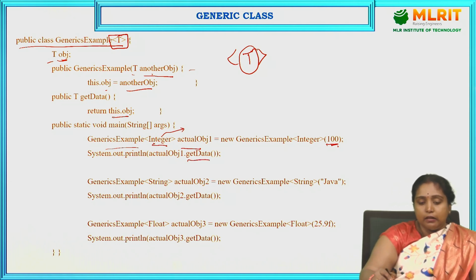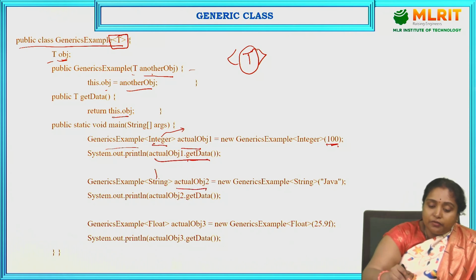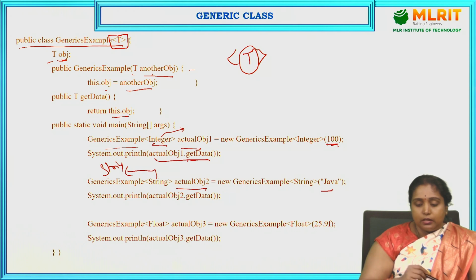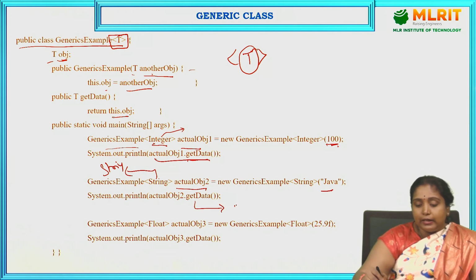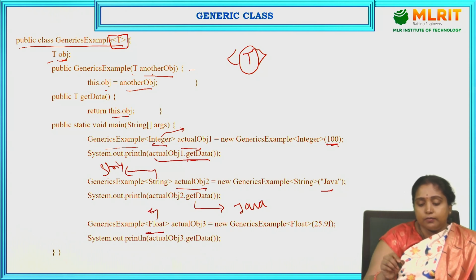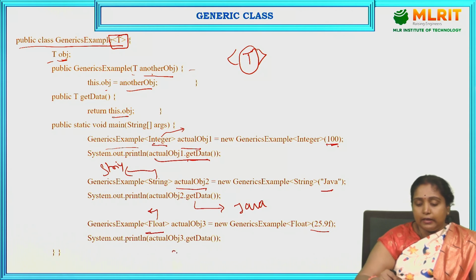And getData will return the data 100. In the same way, I'm creating object 2 with a different type, which is String. I'm passing Java as my parameter, and in return you will get Java. And the third object I am creating using Float, and I am giving 25.9f. Here you will get 25.9f.